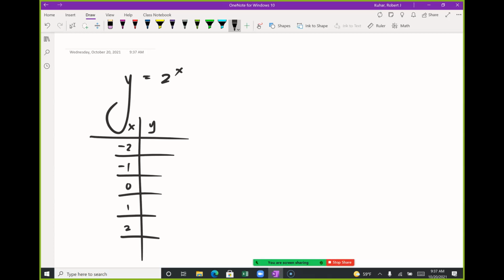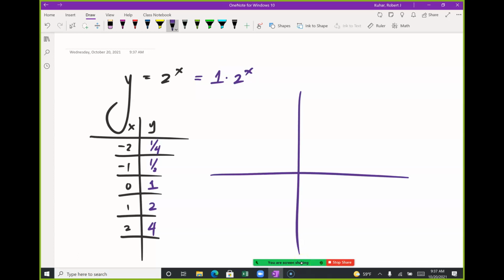Typically, I'll do some kind of table like that. I know when I plug in 0, I'll get the initial value of 1, right? And when I plug in 1, I get 2. When I plug in 2, I get 4. And when I plug in -1, I get 1/2 and 1/4 when I plug in -2. So I'm going to graph those as best I can.